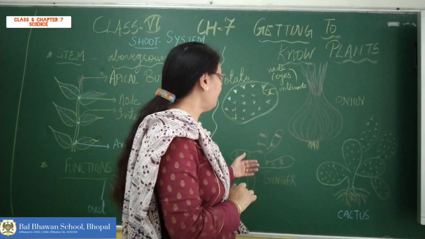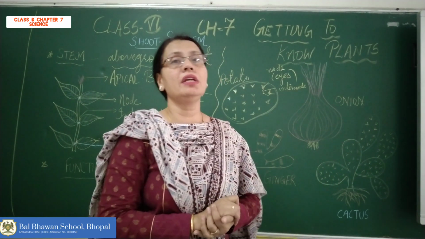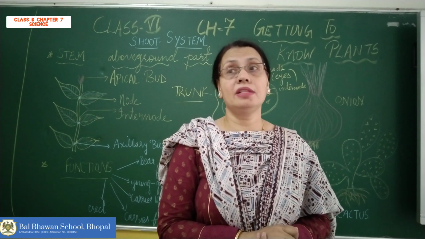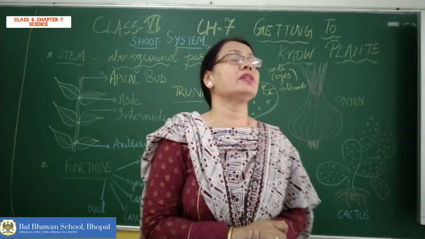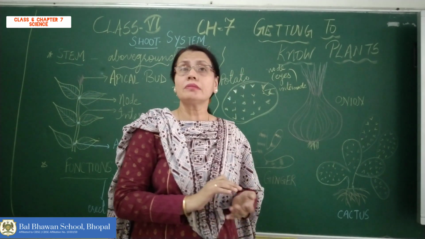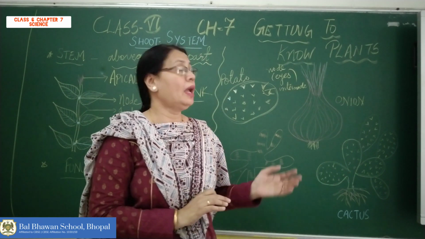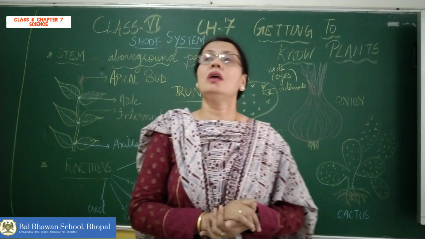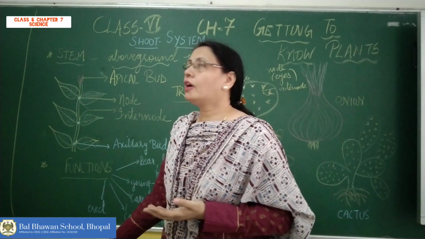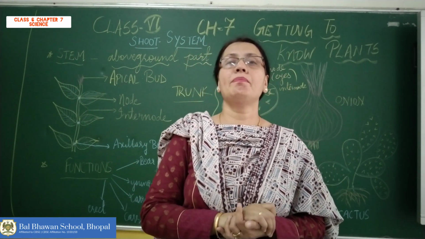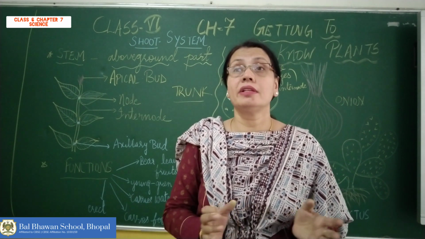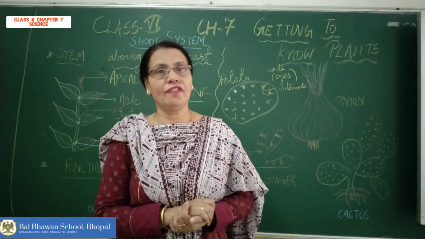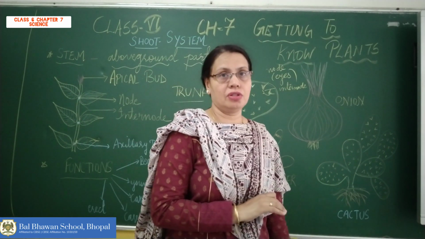In the same way, we have ginger, we have onion. You might get confused that since they grow under the soil, they might be roots. But on the contrary, these are basically underground stems. Regularly the stem has its usual functions, but when the stem performs an additional function, that is the storage of food, then the stem gets modified into these structures.